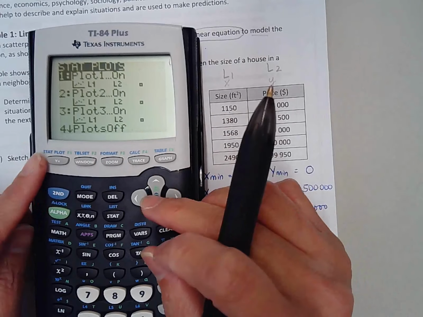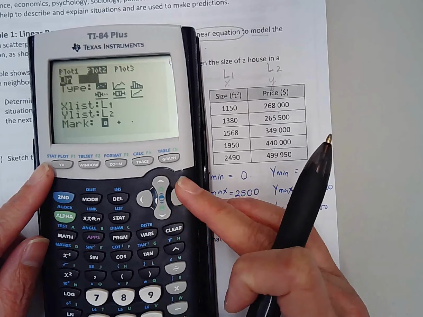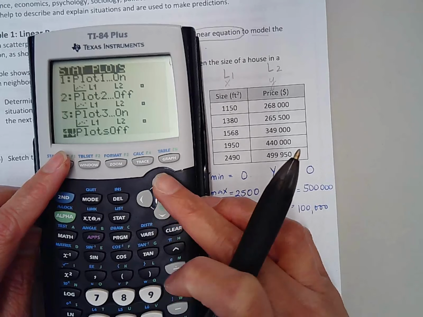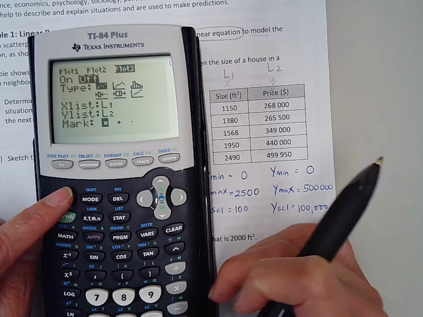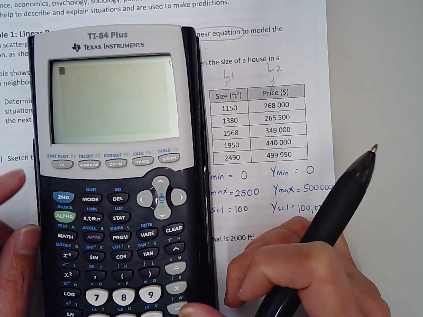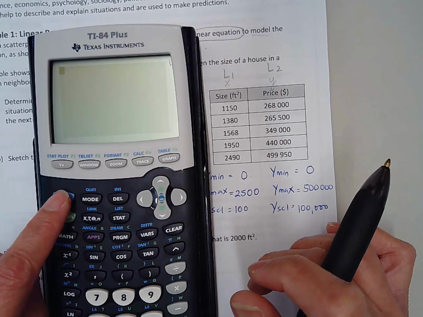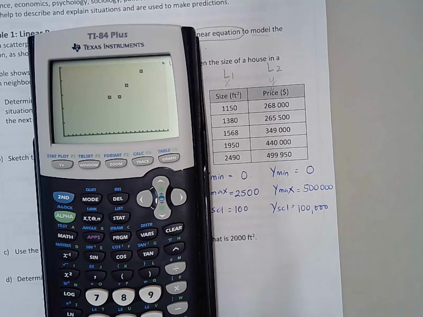So just plot one on, and then the rest are off. Good. And if you want to get out of the screen, you just go second function, mode, and then okay, graph.